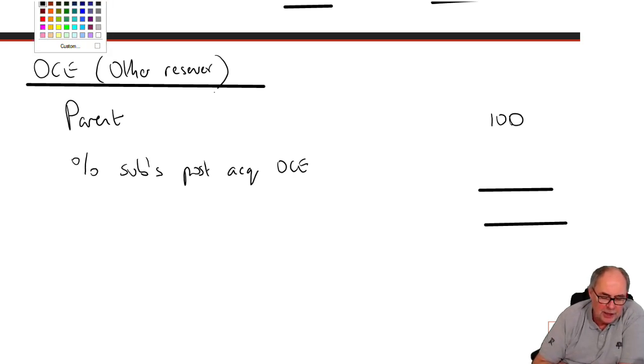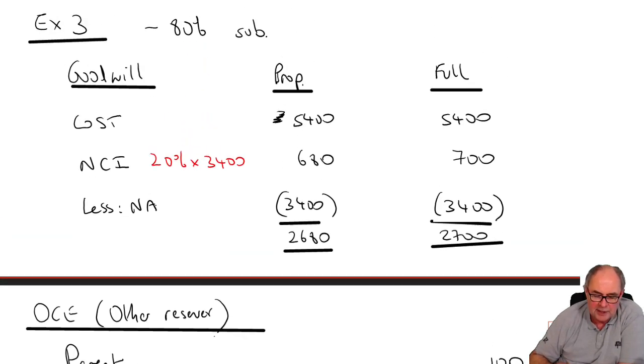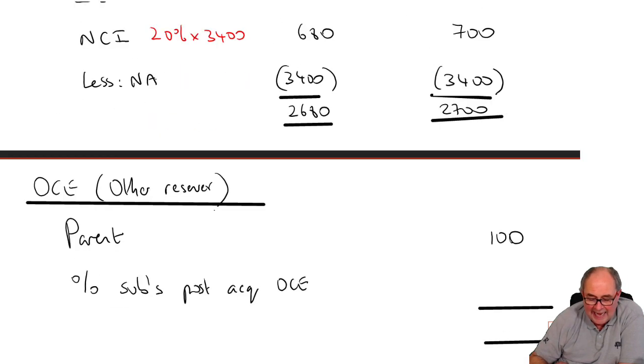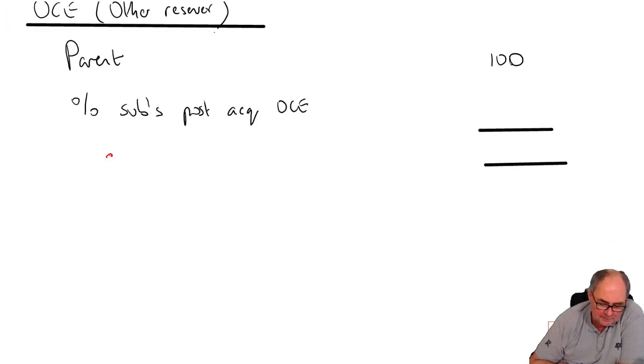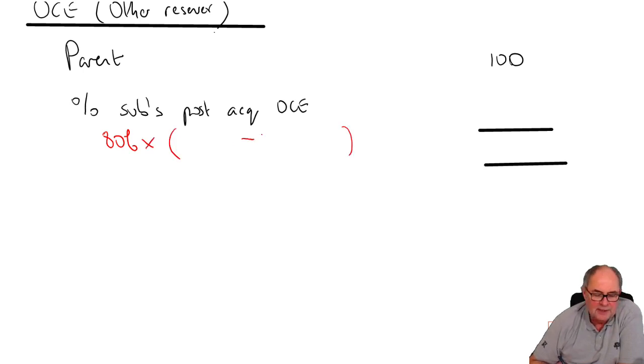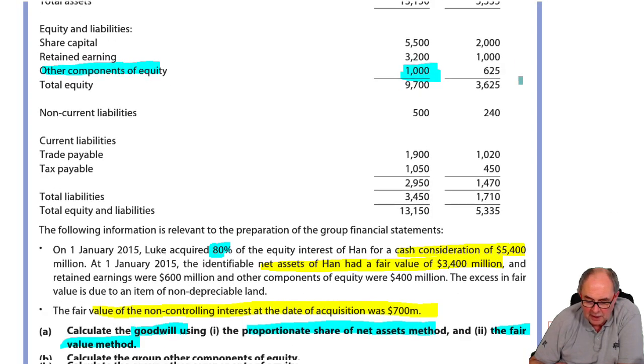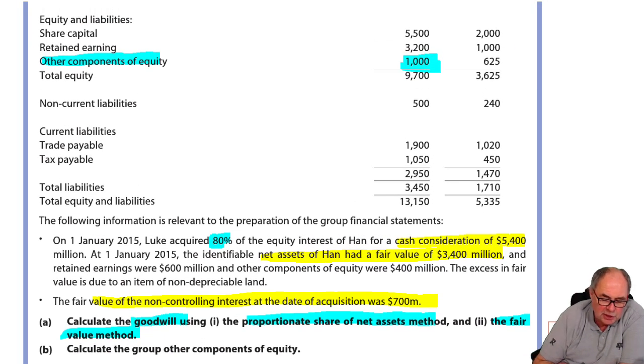Group structure, subsidiary, it's an 80% subsidiary. Again, don't dash off and do a net asset working. You might not need it. In fact, you don't. If I just change colour highlighter, there we go. The other components of equity now are 625.